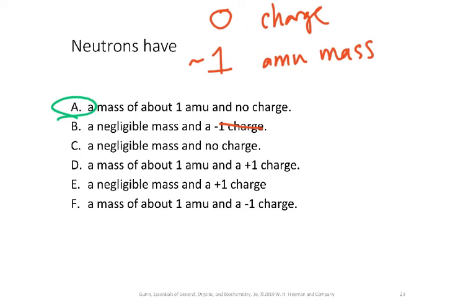So -1 charge is wrong, +1 is wrong, +1 is wrong, -1 is wrong, and we're left with just 2 possibilities now. So thinking about what you're looking for before you start reading through all the answers is often a good approach. You probably know what's coming next.